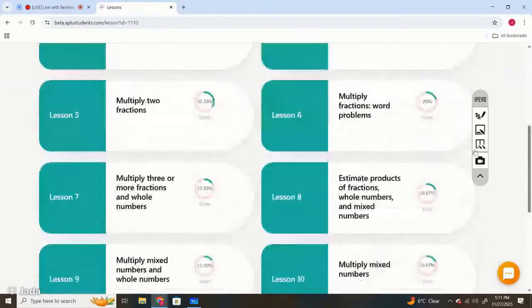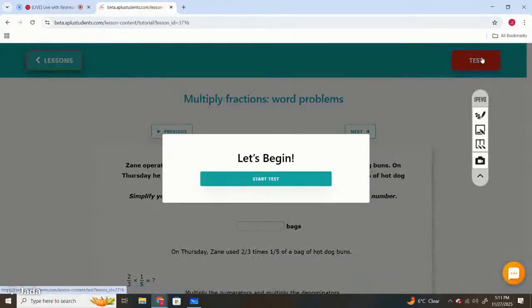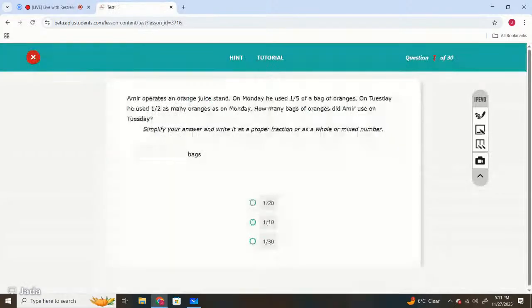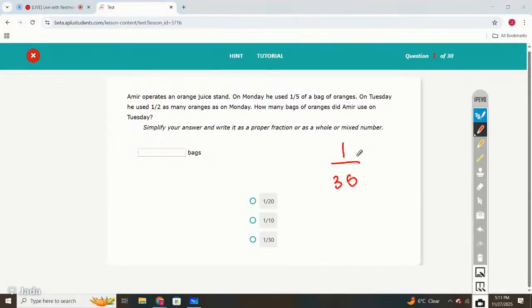So the next lesson is multiply fractions word problems. Let's just start with the test questions. Amir operates an orange juice stand. On Monday, he used one fifth of a bag of oranges.